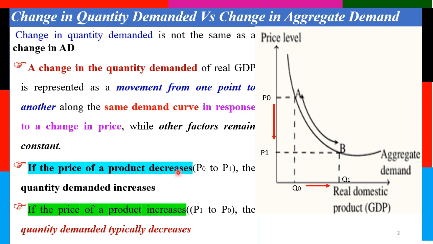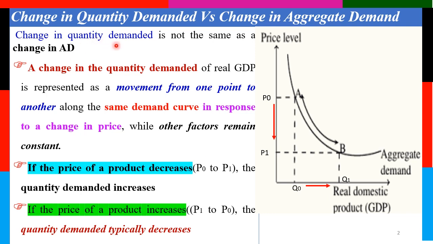If the price of the product decreases, let me say from P0 to P1, the quantity demanded increases from Q0 to Q1. On the other hand, if the price of the product increases, from P1 to P0, the quantity demanded typically decreases from Q1 to Q0. It goes back.